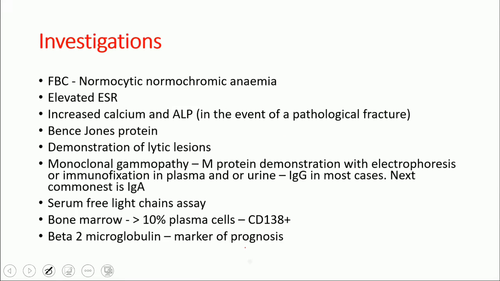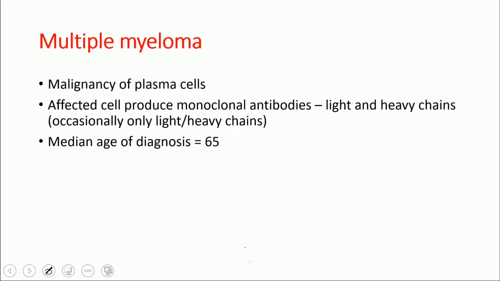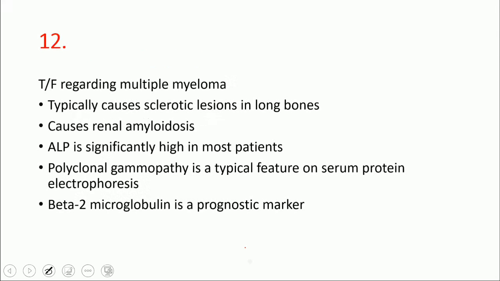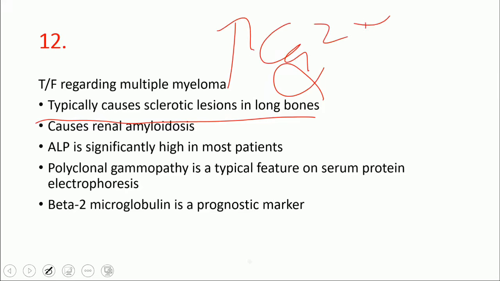And the problem is that it can cause end organ damage. It can cause lytic lesions, not sclerotic lesions, lytic lesions. It can cause hypercalcemia. It can also cause several problems in the kidneys: AKI, CKD, and something called renal amyloidosis, an abnormal protein deposition in the kidney.